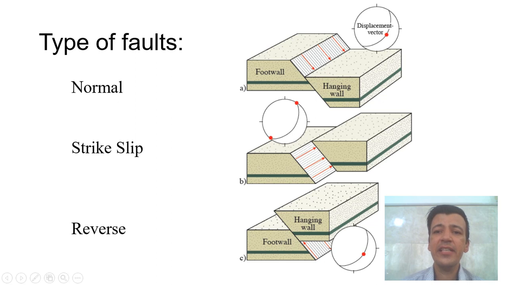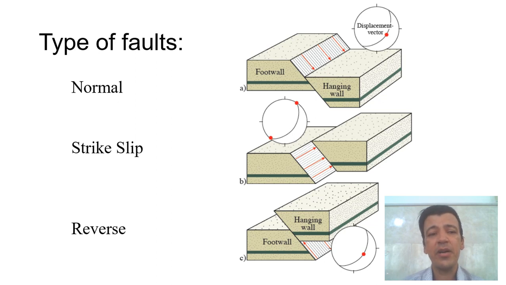If we have a tilted fault, the footwall is the wall that is under the surface of the fault. The hanging wall is the upper side of the fault. Okay, this is the definition of footwall and hanging wall.